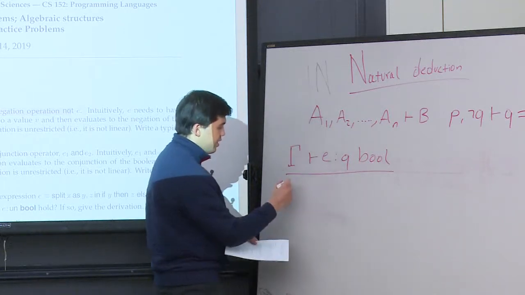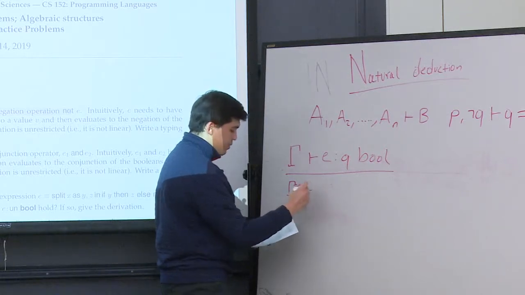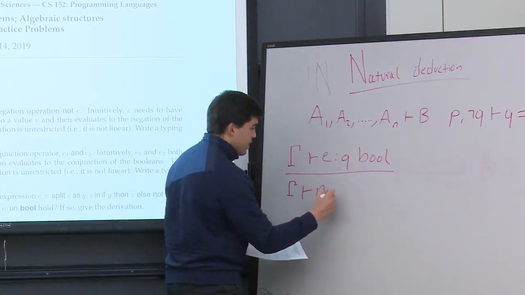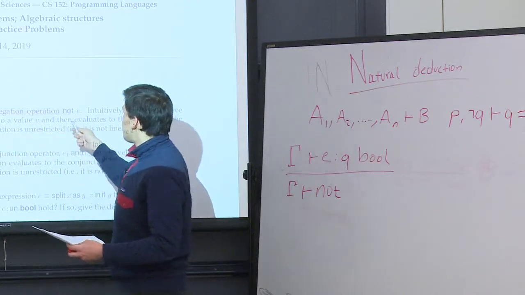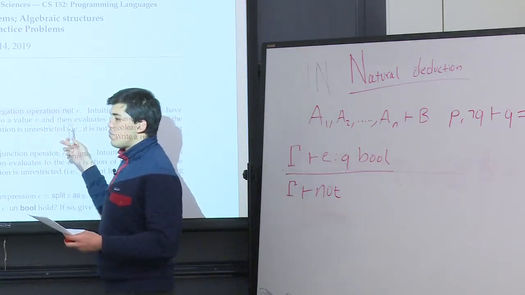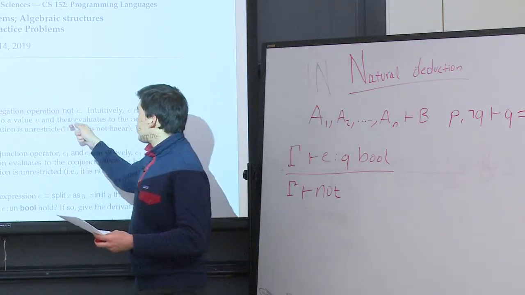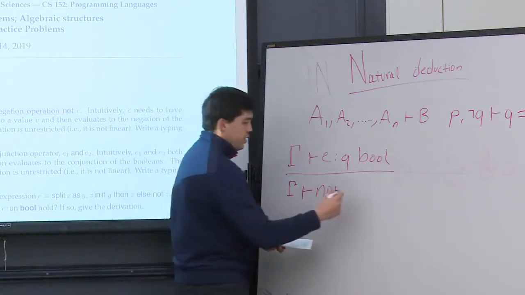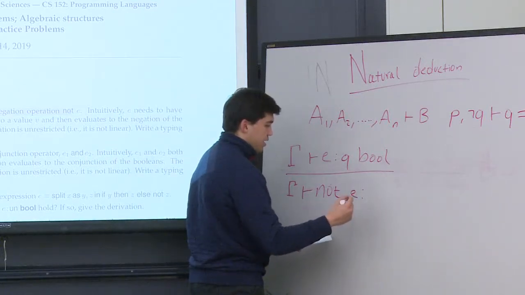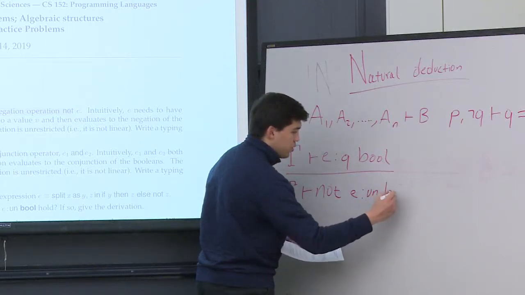So the way that you write that here is as such. In context gamma, you have not E, because this should give you a hint that if it's asking you to implement not E, then E will most likely be a Boolean, right? Because you can only utilize the syntax not with a Boolean. So not E, and as the problem hints, it will be unbool.